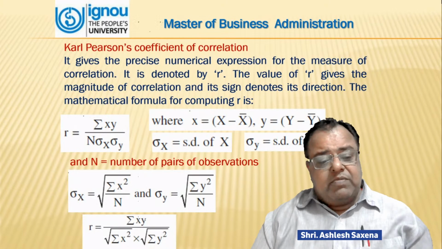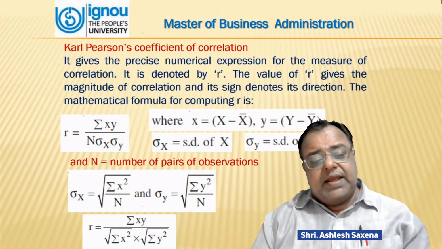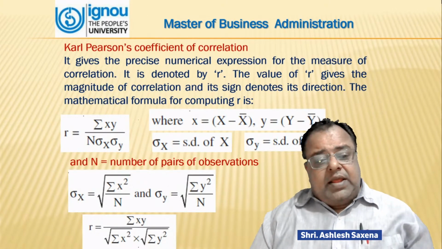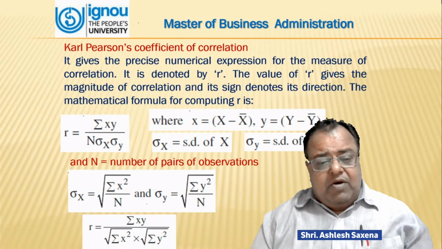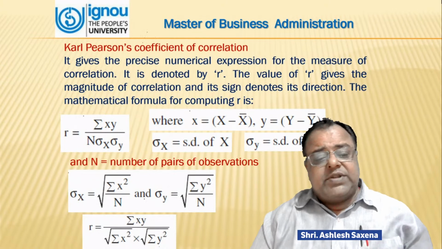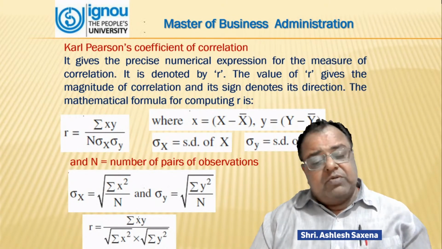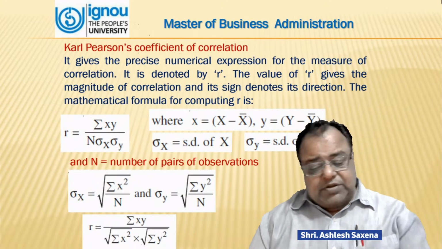Now, there is a formula for calculating sigma x and sigma y. At the end, if we have calculated all the values, then r is equal to sigma xy upon under root of summation x square into under root of summation y square.